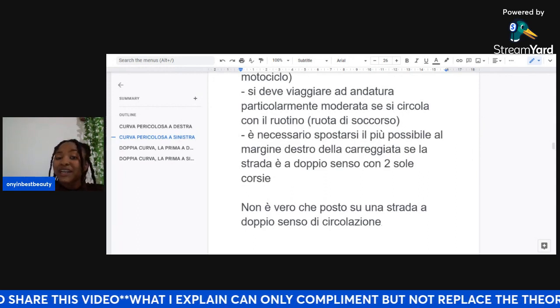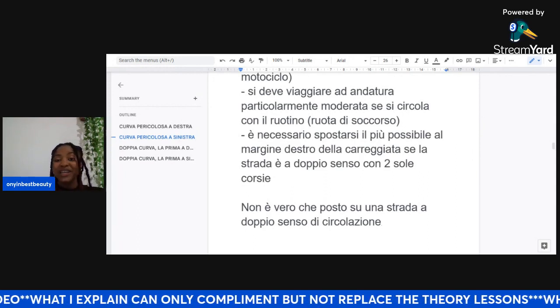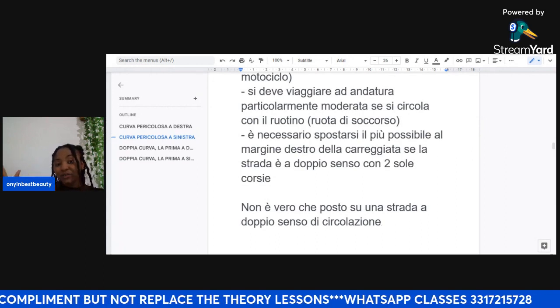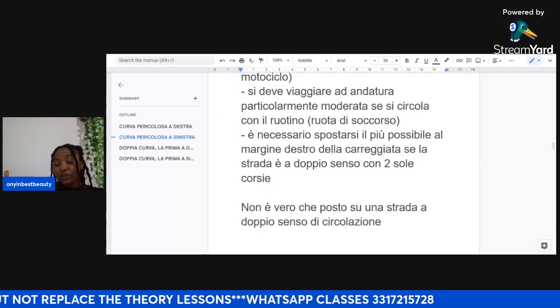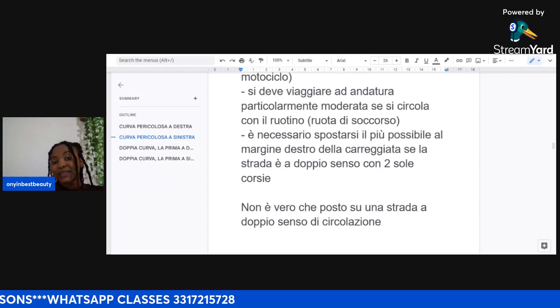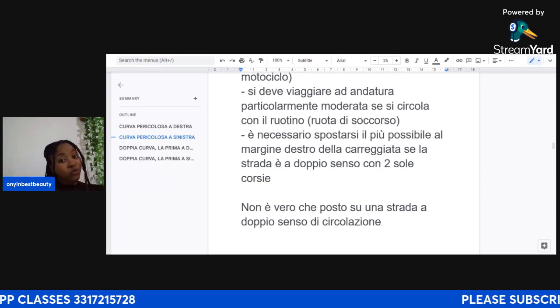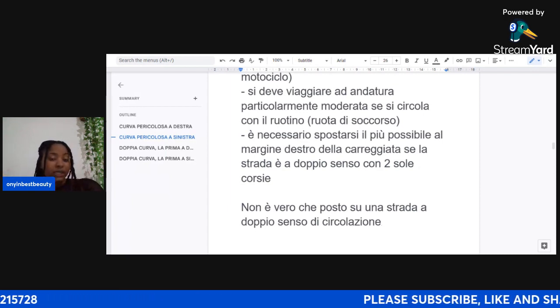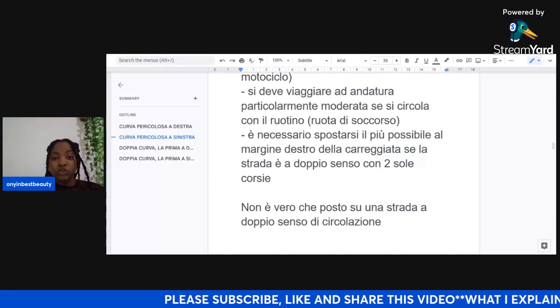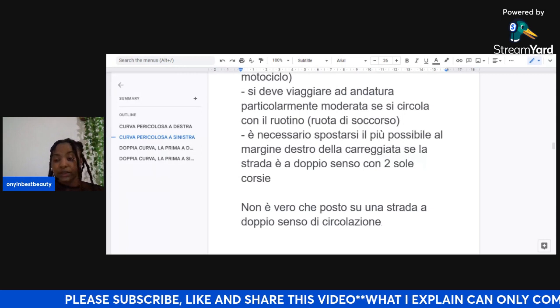Now, when you find yourself, just like I said earlier, on a carriageway with only 2 lanes, you need to move closely to the right side, the margin of your driving lane. You need to move as close to that place as possible because it's a curve, so that you won't collide with those people coming from your senso opposto, your opposite direction.